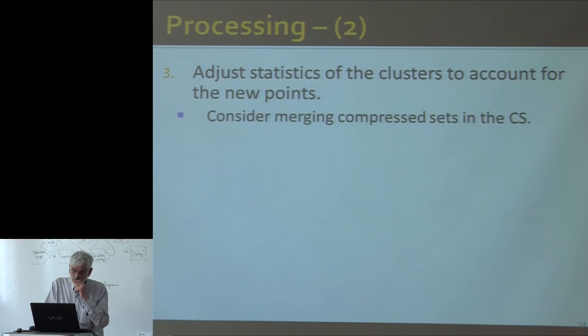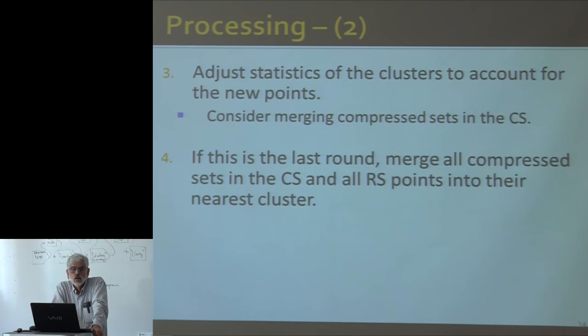Then you have to adjust the statistics of the clusters to incorporate the new points. And then you might think, well, you have these old compressed sets, and now maybe you've created some new compressed sets. You might want to at least merge them. I'm not going to have time to talk about how you might merge them.